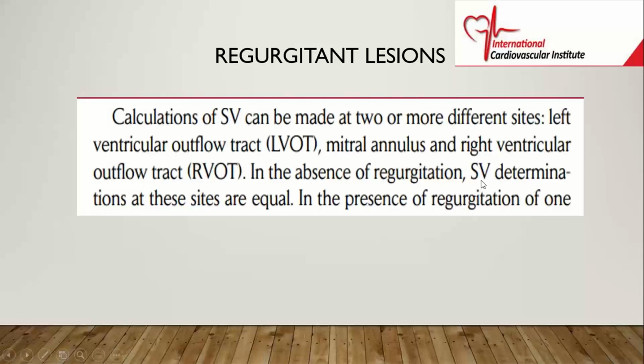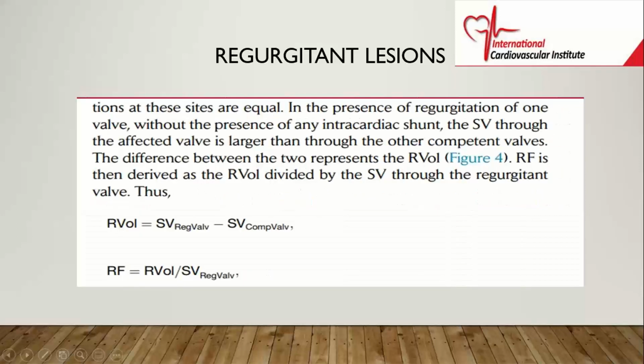So we can calculate the stroke volume across the LVOT, 0.785 times d squared times the TVI across the LVOT. We can calculate the stroke volume across the RVOT as well, and across the mitral valve.